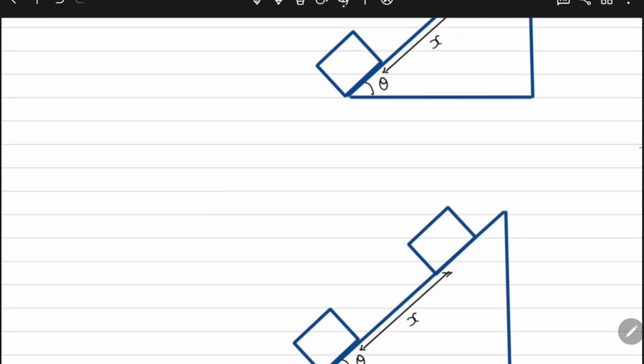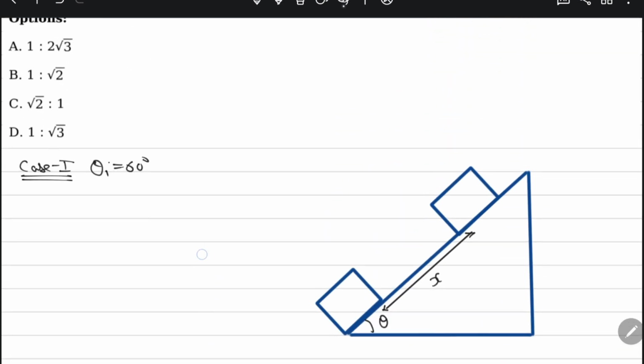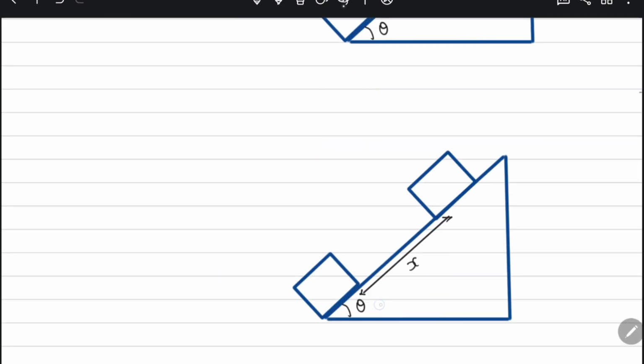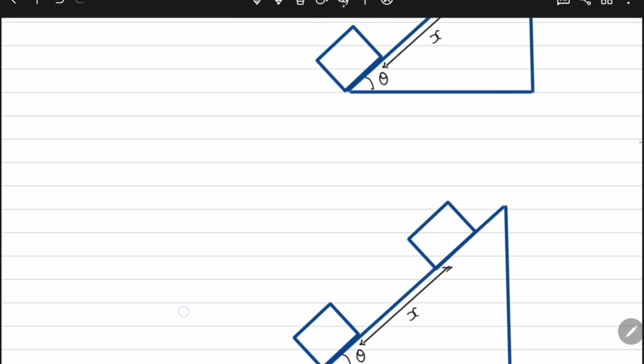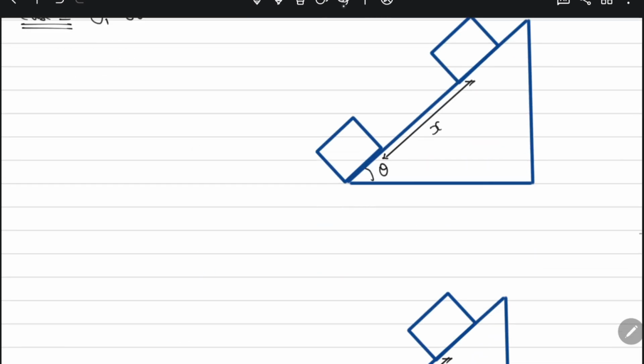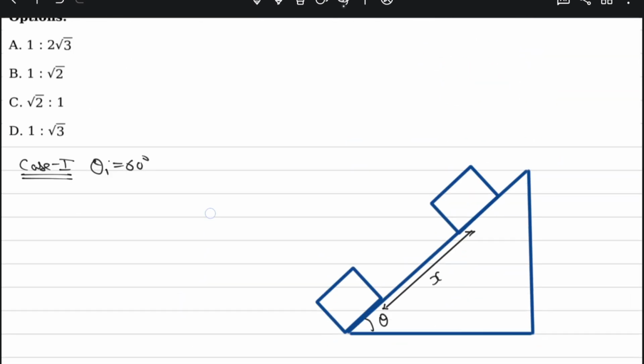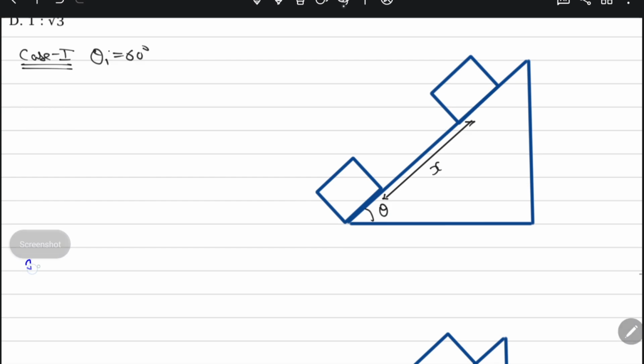So this is about the second case, right? In the first condition they have said theta 1 is equal to 60 degree, and in the second case theta 2 becomes 30 degree.